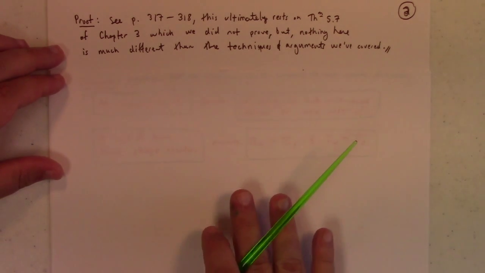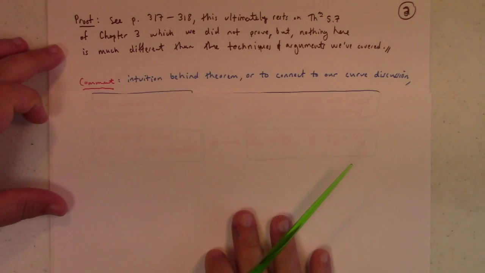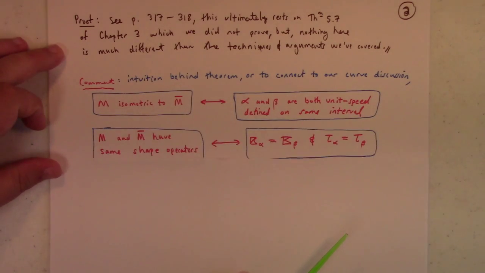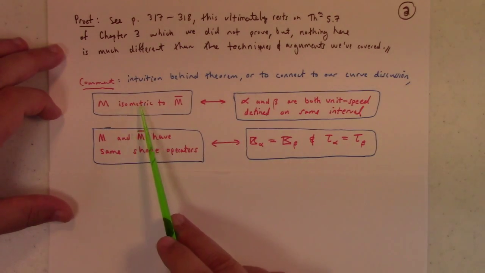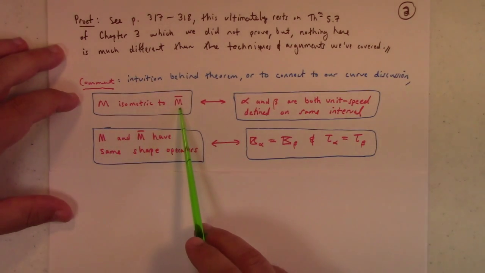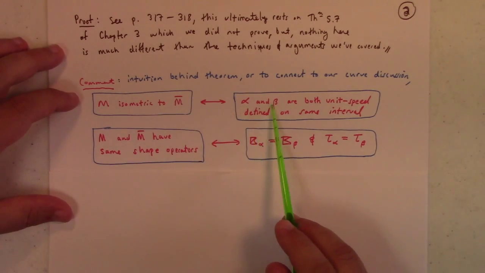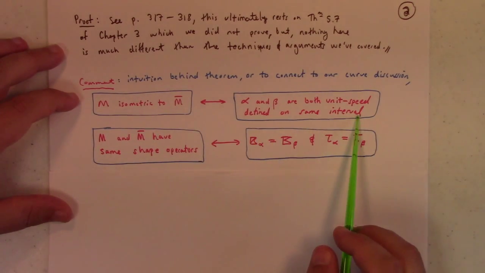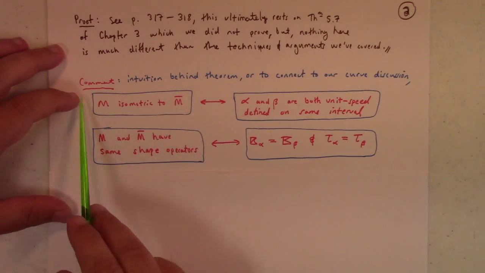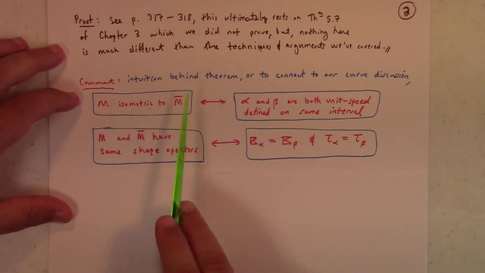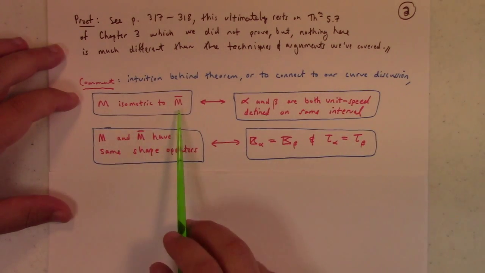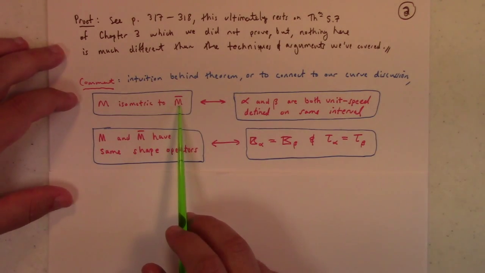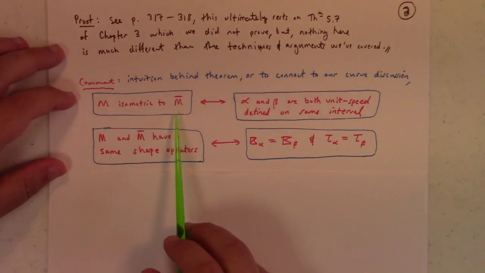And also, probably more important than that, is to understand intuitively, morally, some people might say, the connection between these things. So M being isometric to M bar is sort of like alpha and beta both being unit speed and defined on the same interval. The connection between these two boxes is most clearly revealed in that lemma we had, which said that you can see M and M bar as isometric if basically you could say f of x was equal to y.